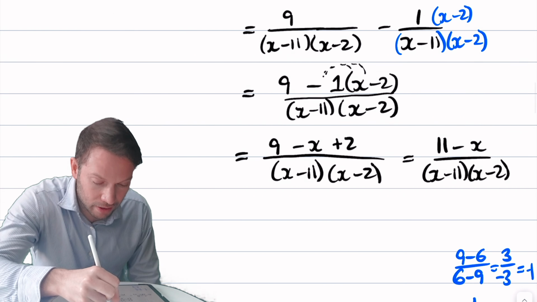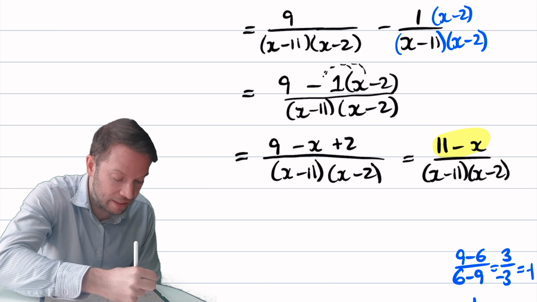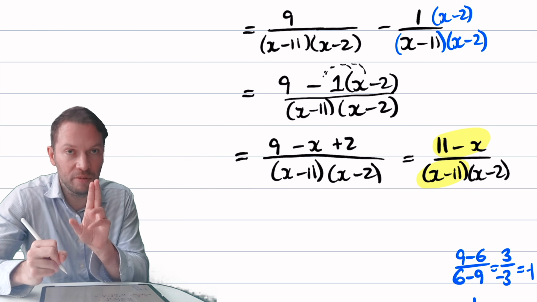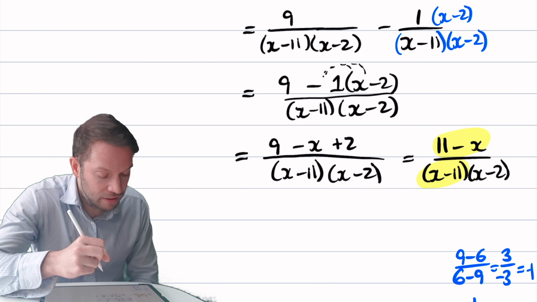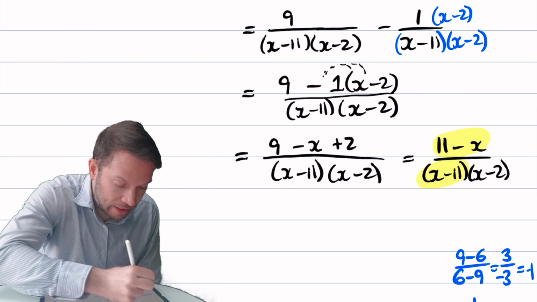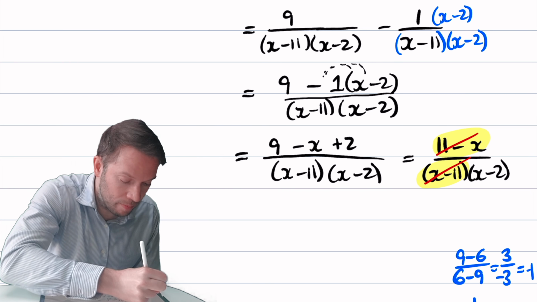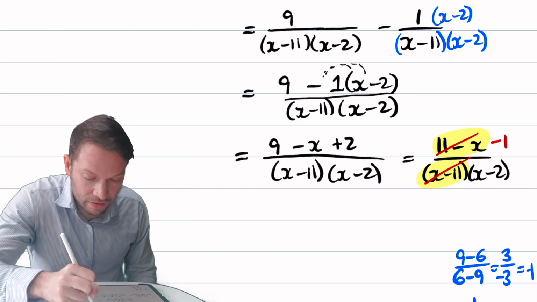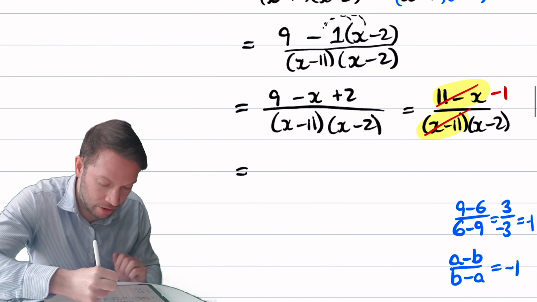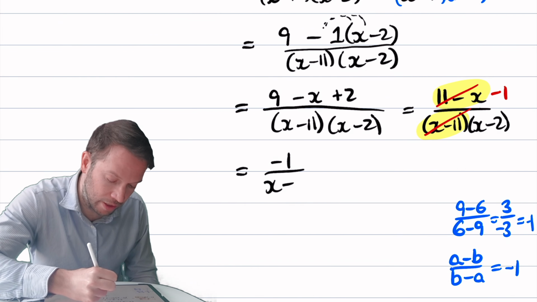And you can see, look, this 11 minus x and the x minus 11, it's the same subtraction, but with the numbers swapped around. So when we divide these, we're just going to get minus 1. So this is going to nicely simplify to negative 1 over x minus 2.